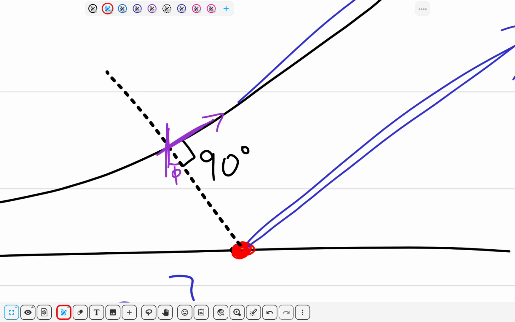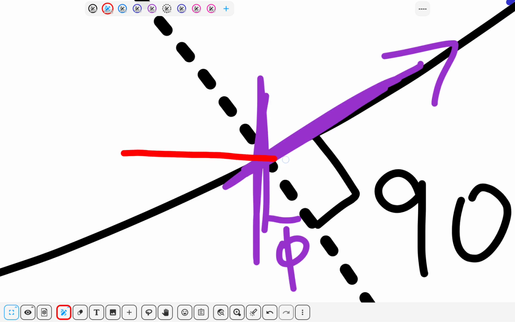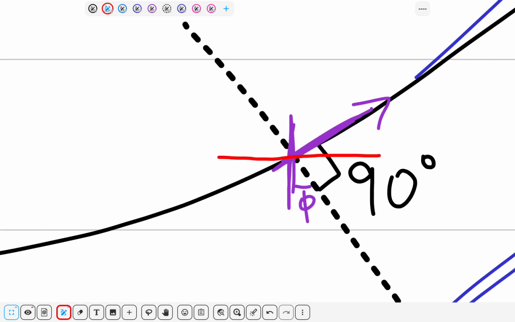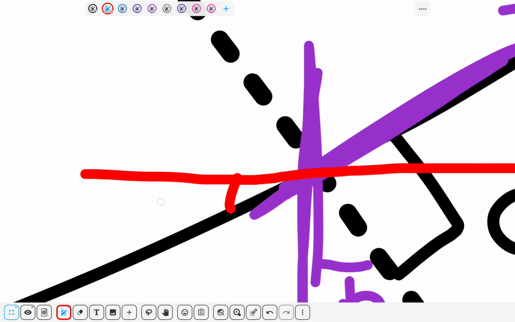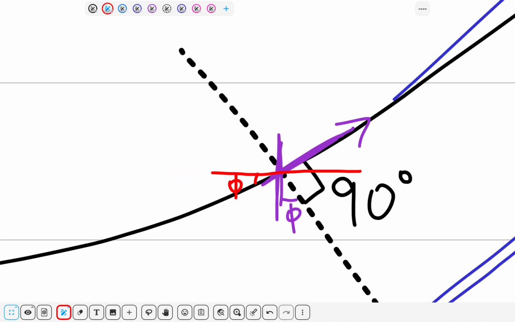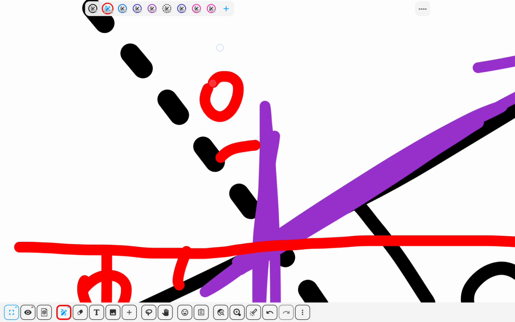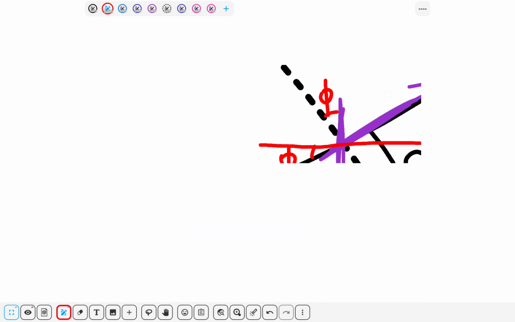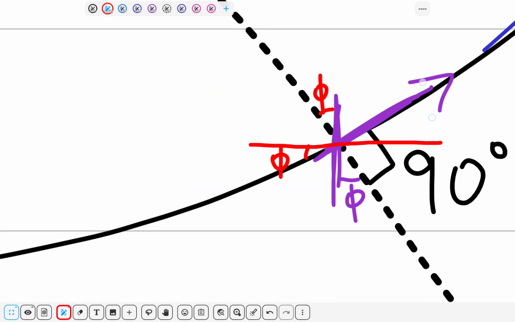I just don't know what to do. This should also be phi, I guess, by arguments. I don't know. I'm just finding phi's wherever I can without any idea how that will exactly help me.